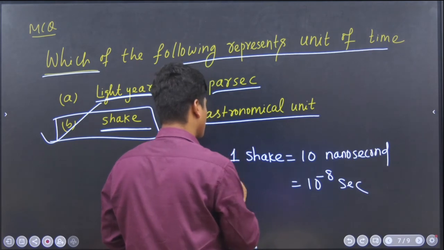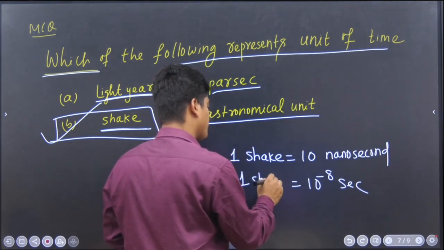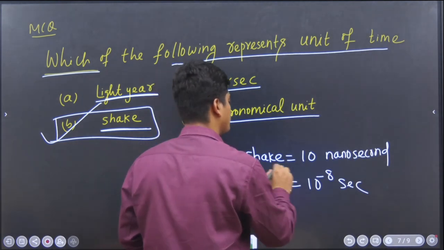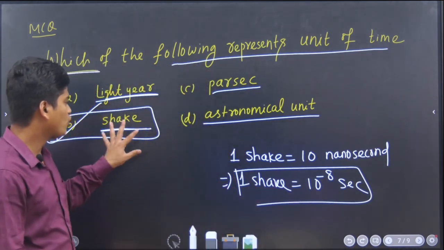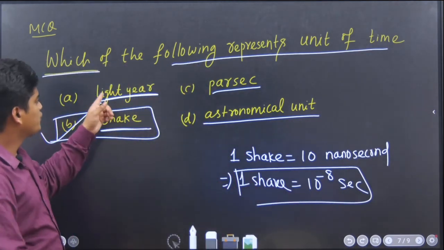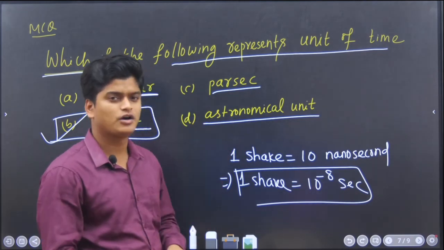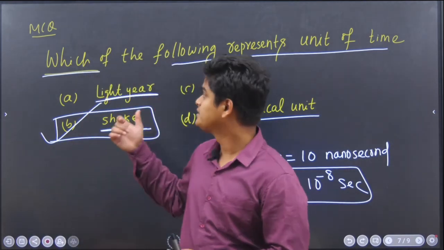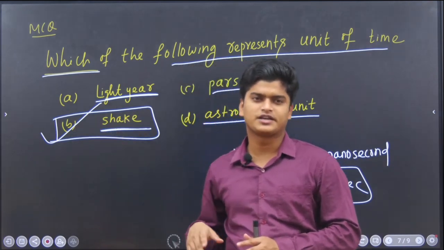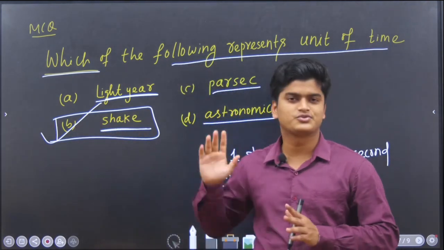So, this is a unit of time. Although you may not know about sec, you know about light year, parsec and astronomical unit, so definitely you can choose which option is the unit of time. If 4 options are given, one answer will definitely be correct.